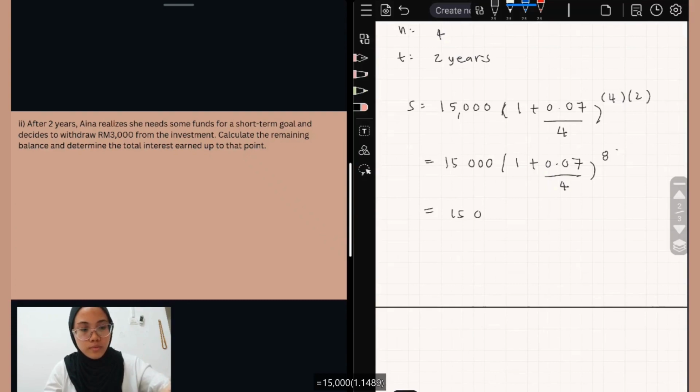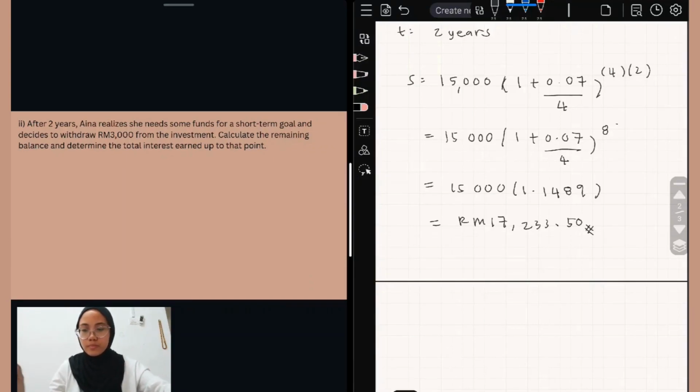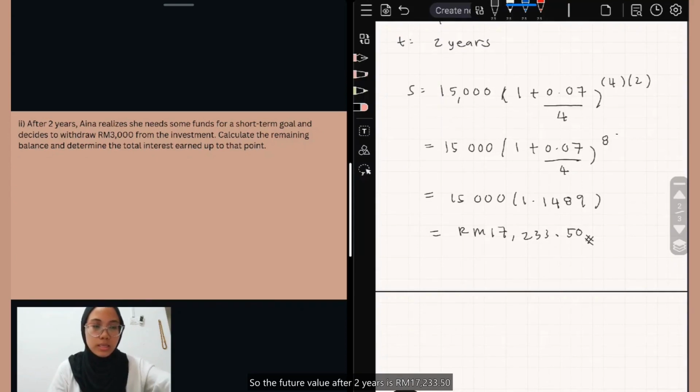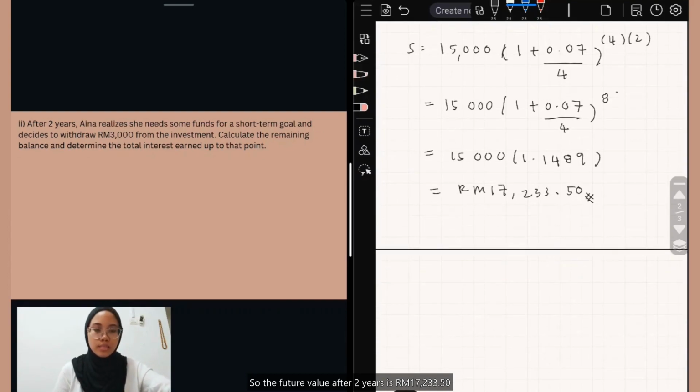So 15,000 times 1.1489. The final answer is RM 17,233 ringgit 50 cents. So the future value after 2 years is RM 17,233 ringgit and 50 cents.